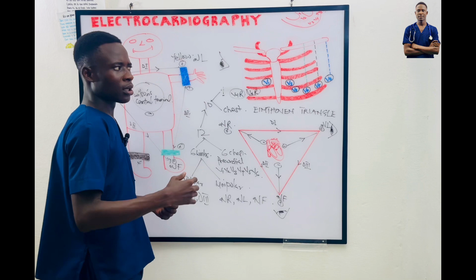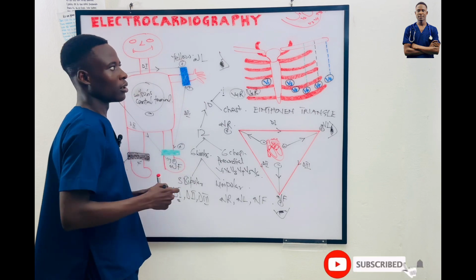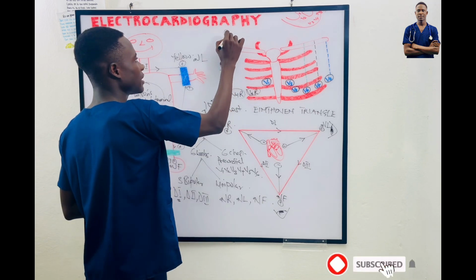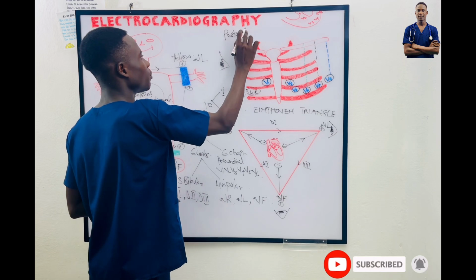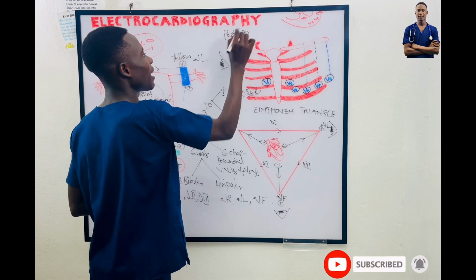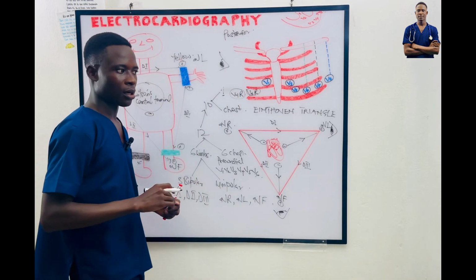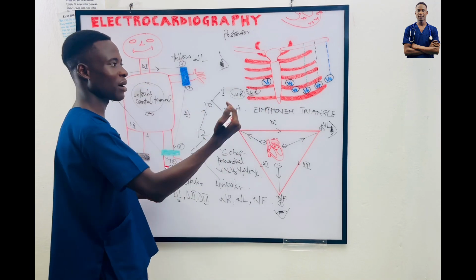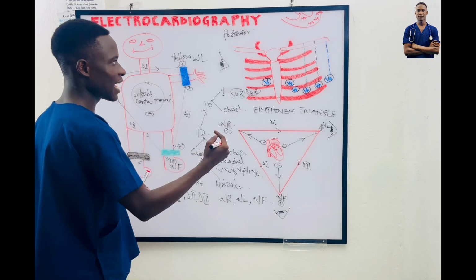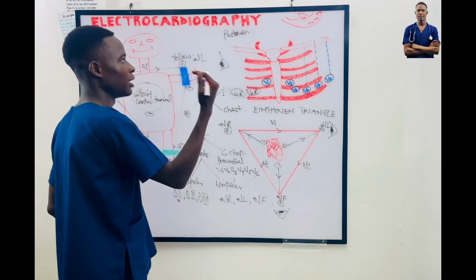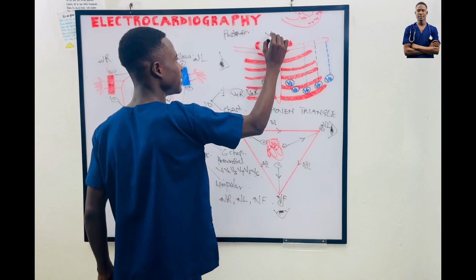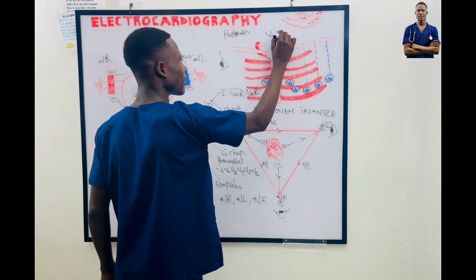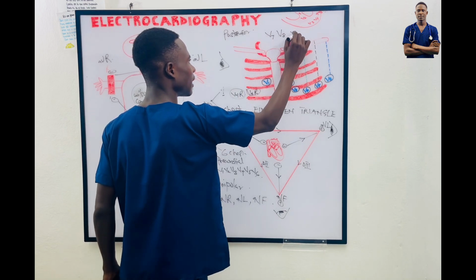Next, in some conditions, let's say the posterior part of the heart has gotten infarction and we want to check that part. There are 3 special electrodes that we need to place: the V7, V8, and V9.